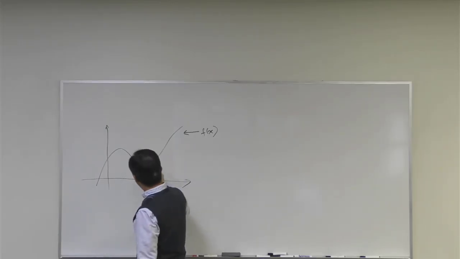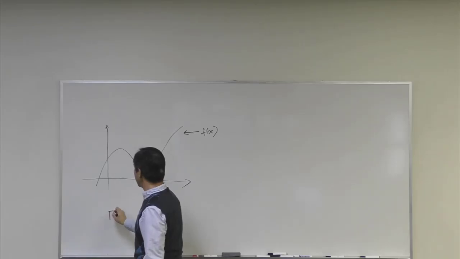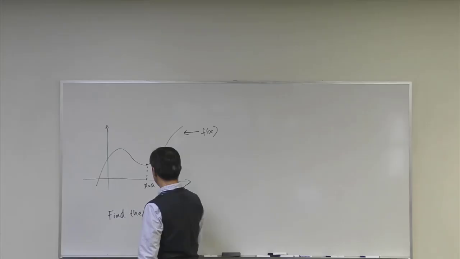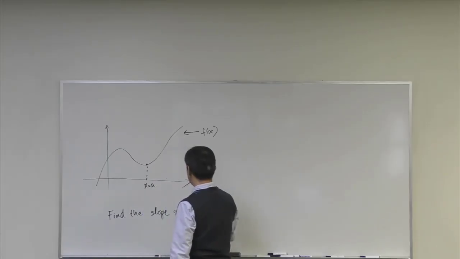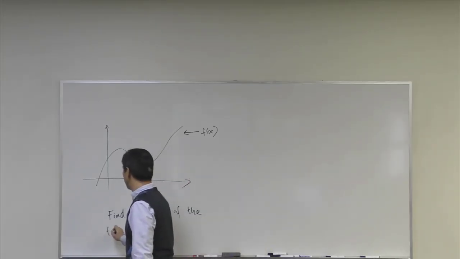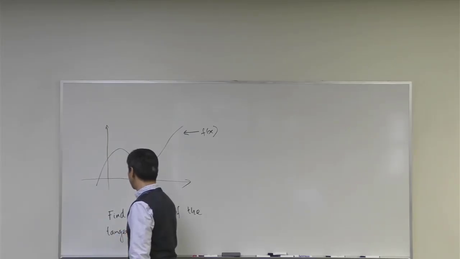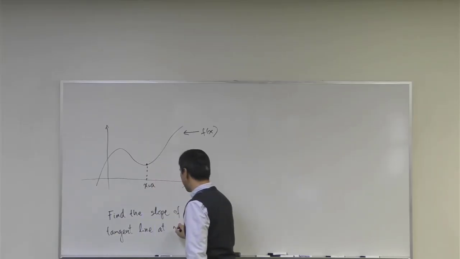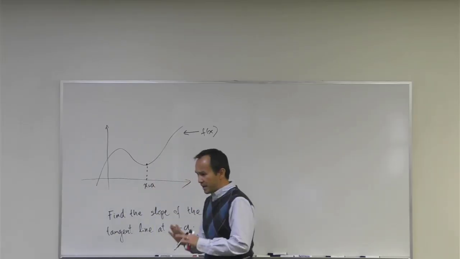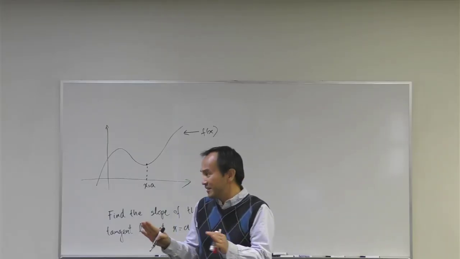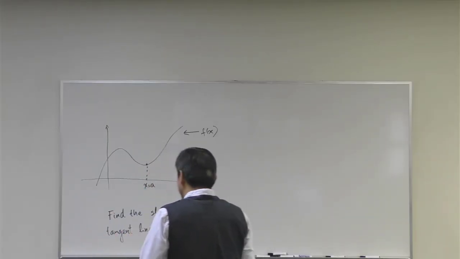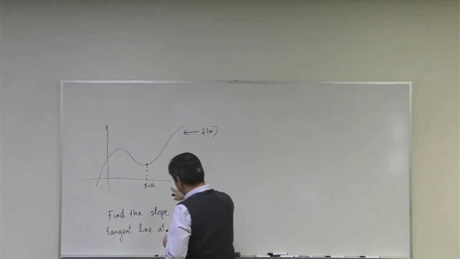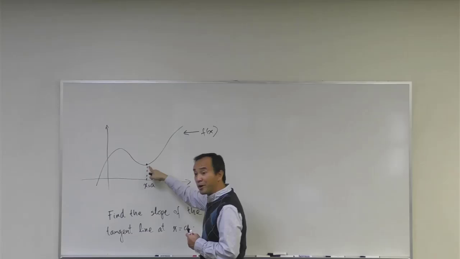The goal here is to find the slope of the tangent line, specifically at x equals a. So a here is just some arbitrary point I put right there. It doesn't have to be a 5, doesn't have to be a 6. I'm talking generally about picking any arbitrary point on the x-axis. At that value, we have a point on the graph, right?